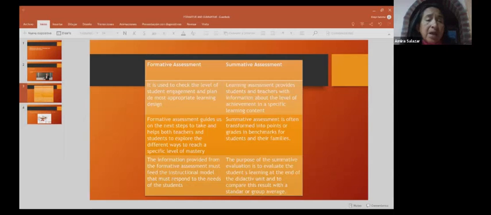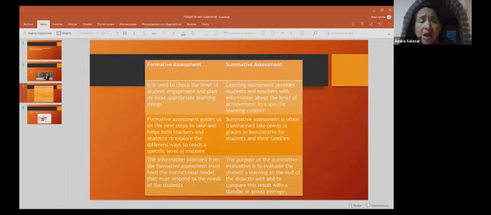Formative assessment gives us the next step to take and helps both teacher and students to explore different ways to reach the teaching objectives. Summative assessment, instead, is often transformed into points or a rating benchmark for students and their families.